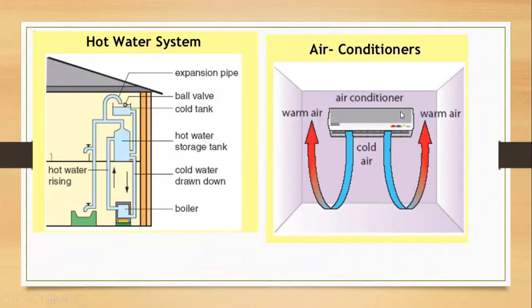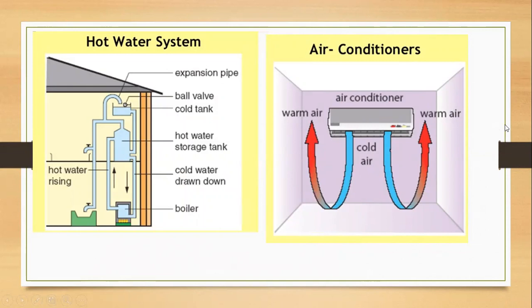And you can see in an air conditioner, we always place it at the top. Why do we place it at the top? It is more efficient when we place it at the top, as the air of the room, warmed by the persons, rises up.